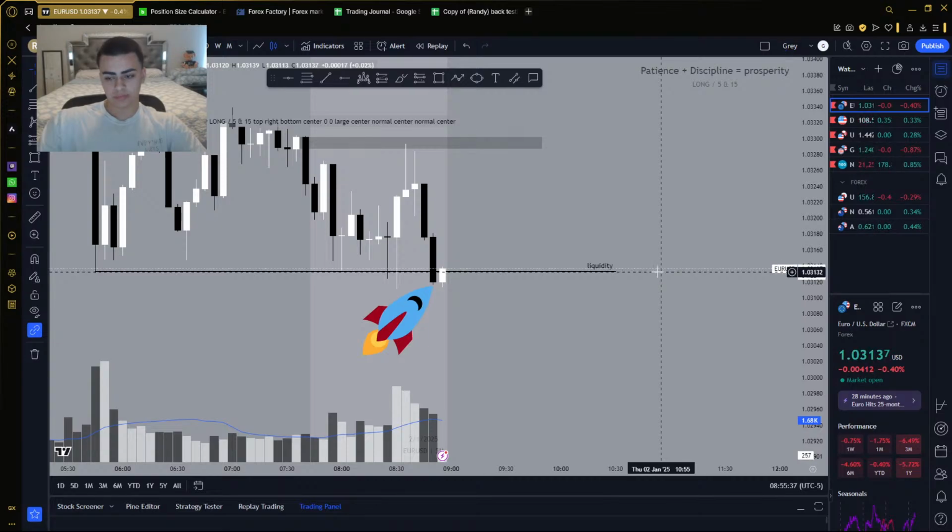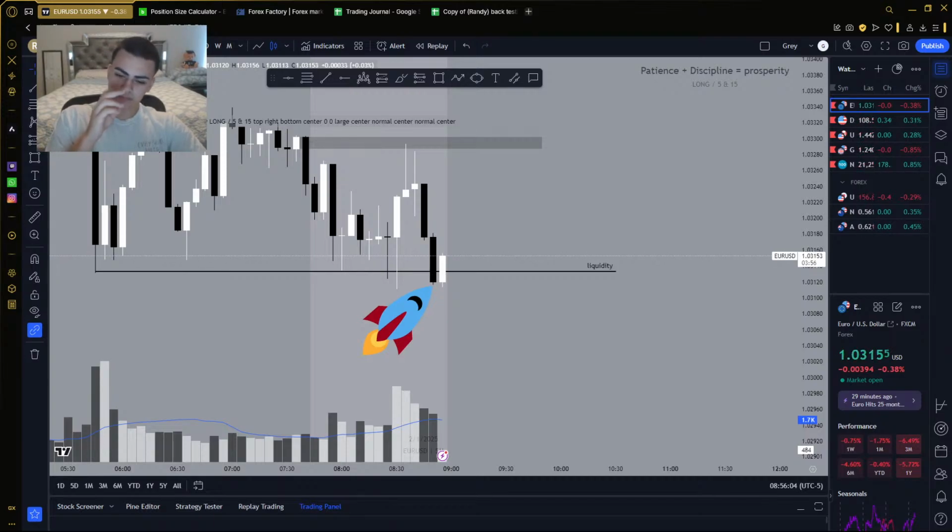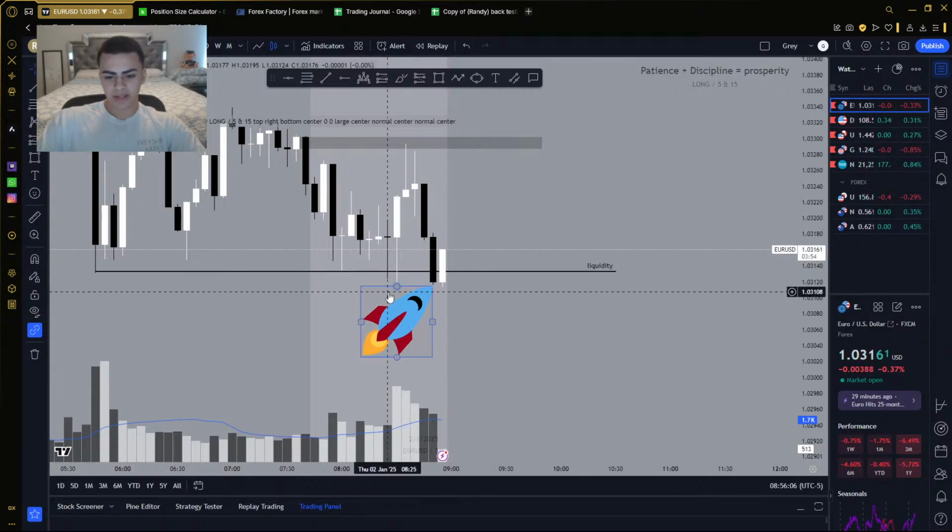No. Is the rocket ship gonna work? It's probably doing that because it didn't break this liquidity point right here. So it's probably doing that because of that.